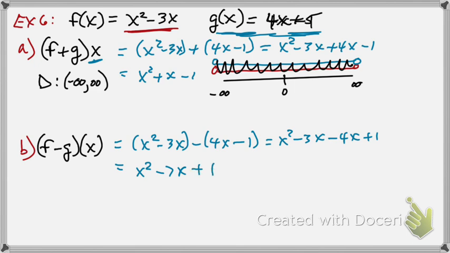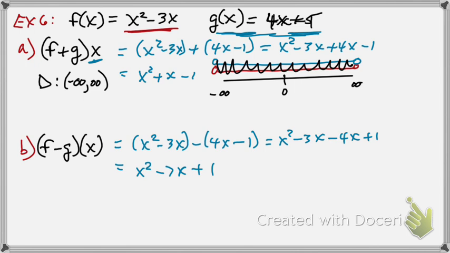So in the homework, this is going to be one of those two-part things. What's the resulting equation, and what's the domain? Well, we're still talking about the same f and g functions. We already decided the domains of each of those is from negative infinity to positive infinity.